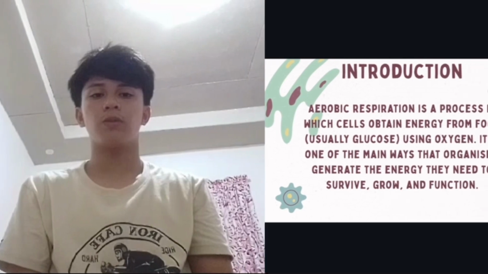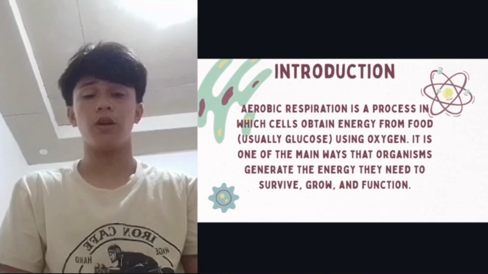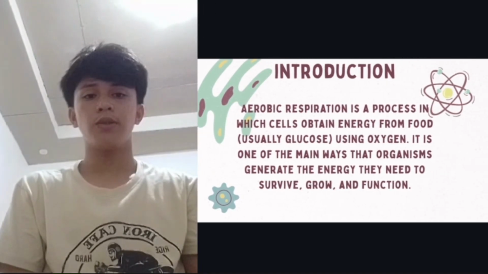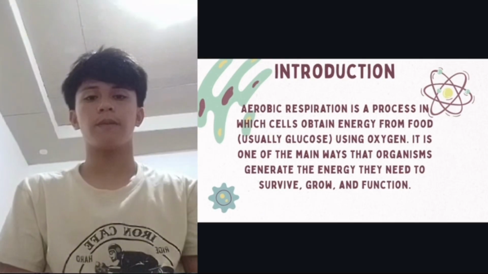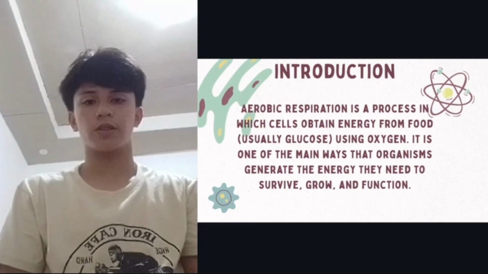Good evening everyone, my name is Luis Andre Guadalupe and I am here to present our report in general biology about aerobic respiration. Aerobic respiration is a process in which cells obtain energy from food, usually glucose, using oxygen. It is one of the main ways that organisms generate the energy they need to survive, grow, and function.